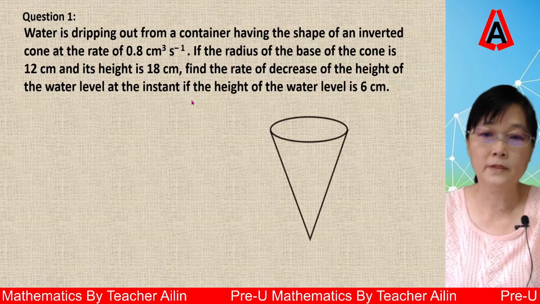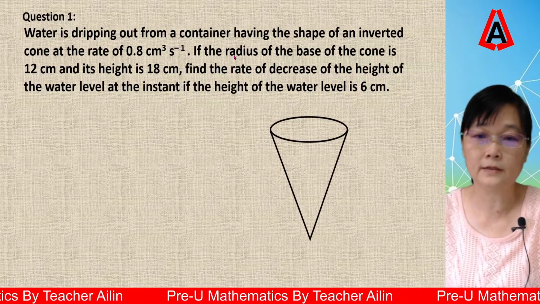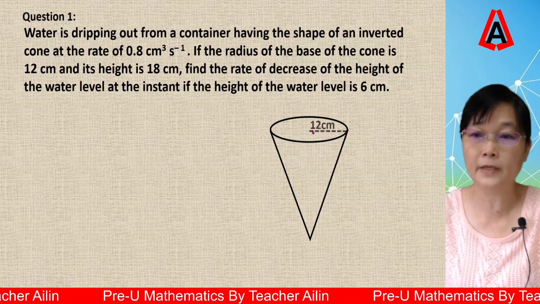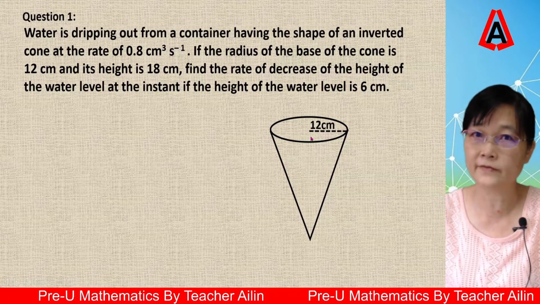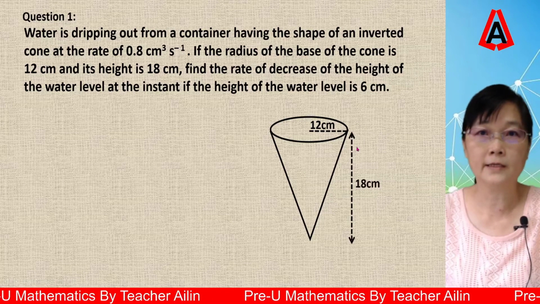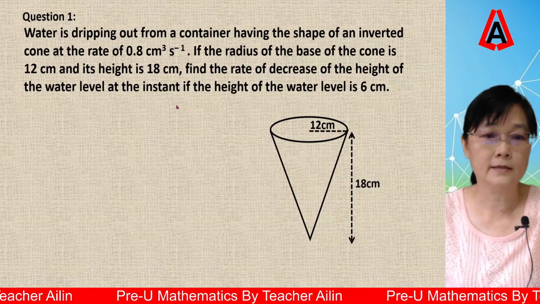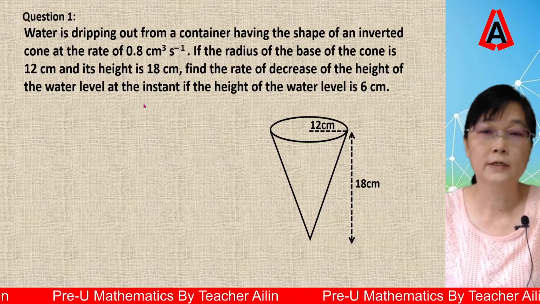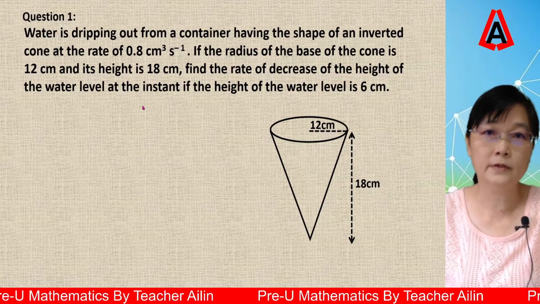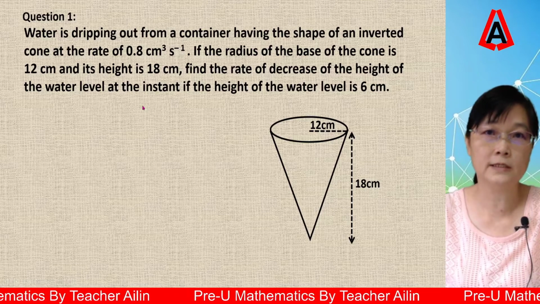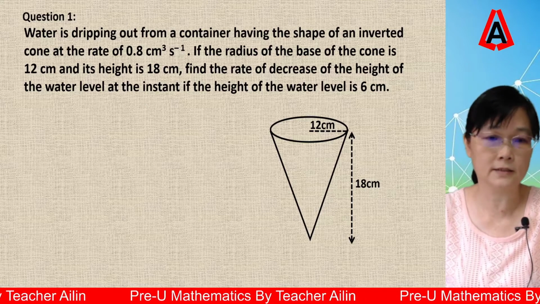So, from the question, we know that the radius of the base of the cone is 12 cm and the height is 18 cm. Before we start, I'm going to define the variables that we are going to use in the calculation later.